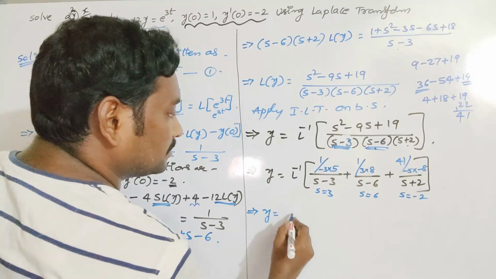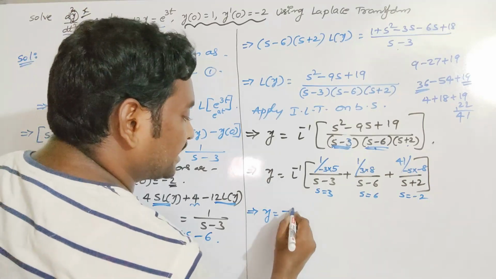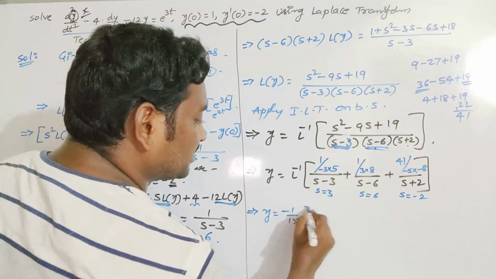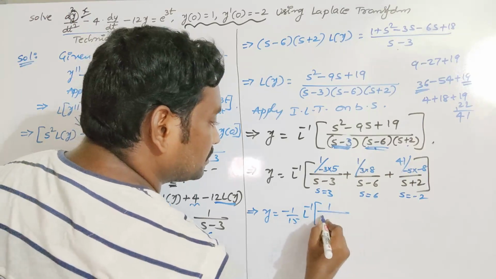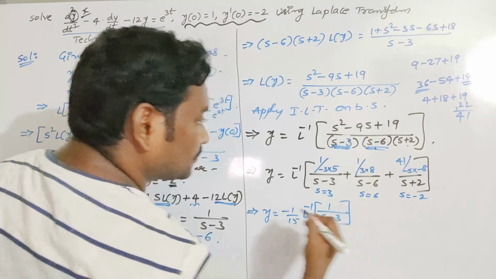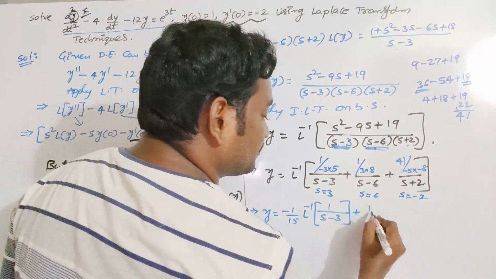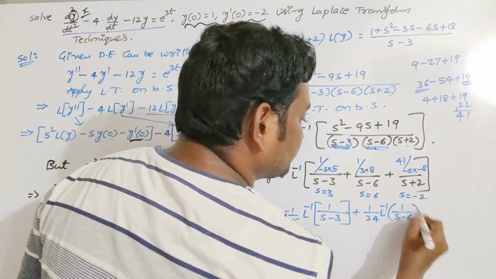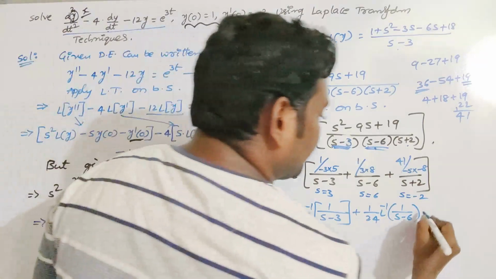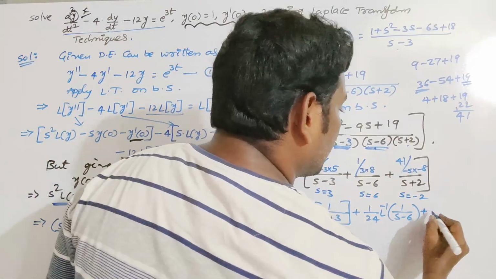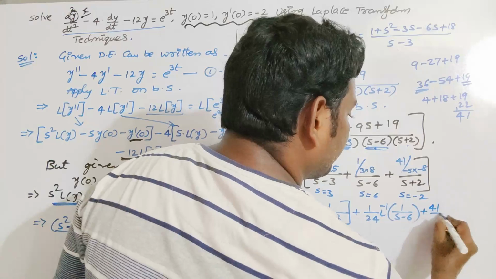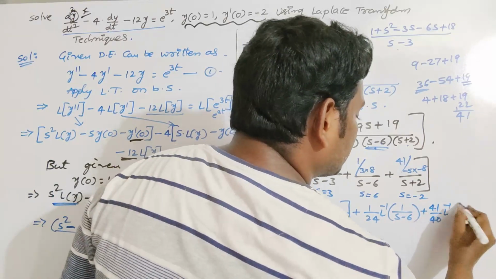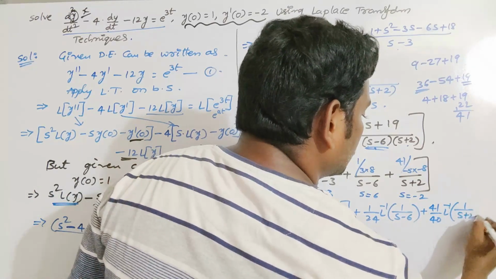See, y is equal to, now I will separate the terms, minus 1 by 15 is the constant term, right outside from the L inverse, which is inverse Laplace. Again it is 1 by 24 into L inverse of 1 by s minus 6, and this is 41 by 40, L inverse of 1 by s plus 2.